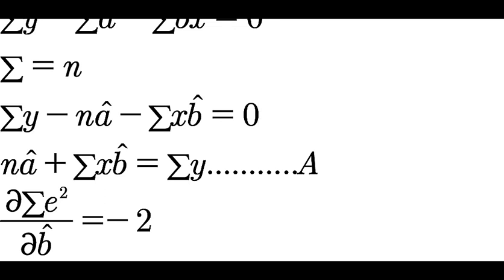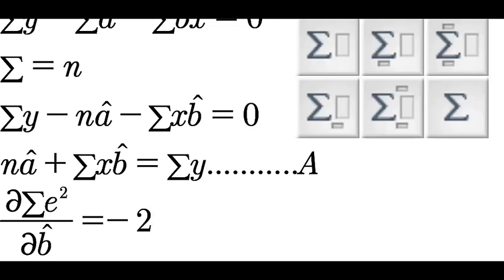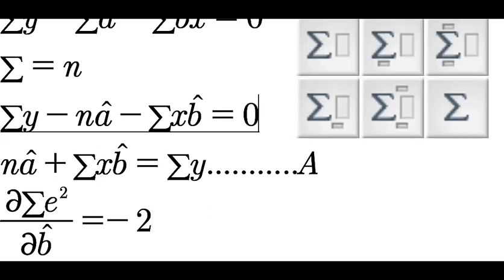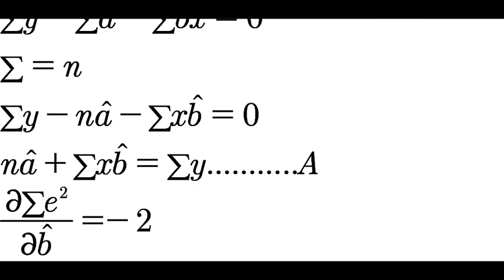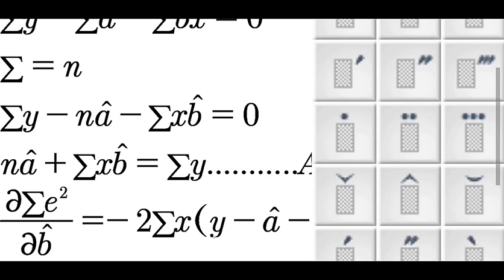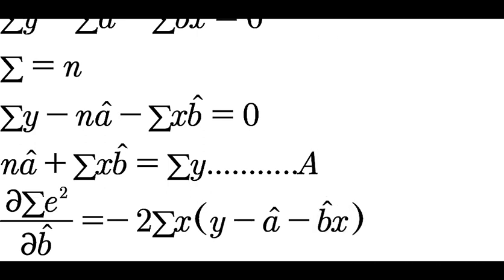So minus 2 summation x of y minus a hat minus b hat x, equal to 0.